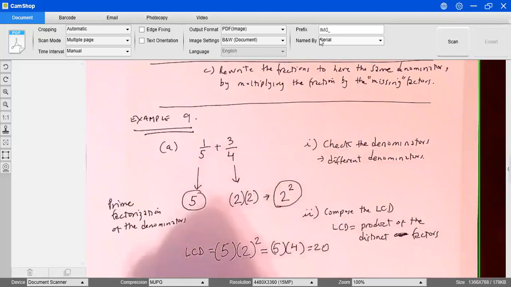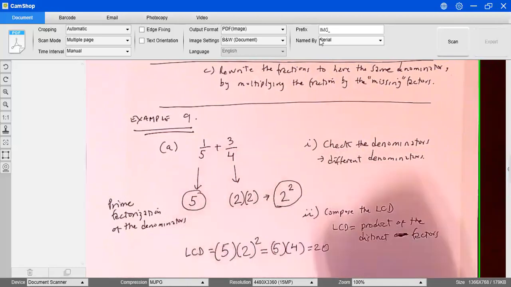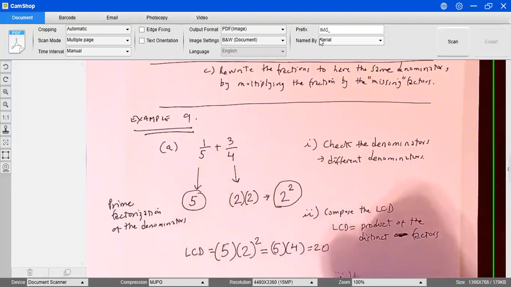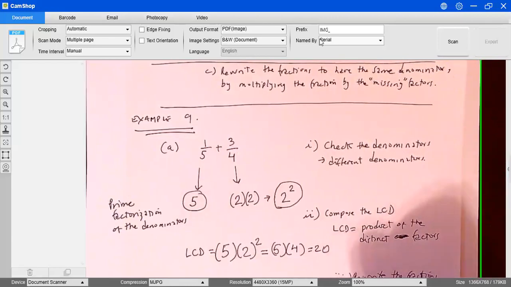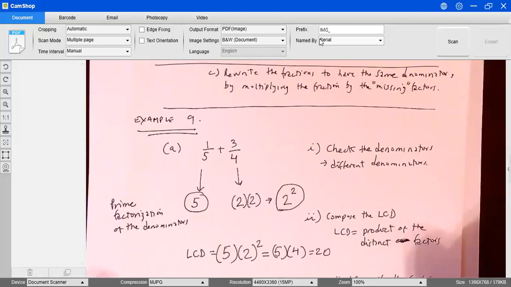So the third step is we're going to rewrite the fractions by using the least common denominator for each fraction.